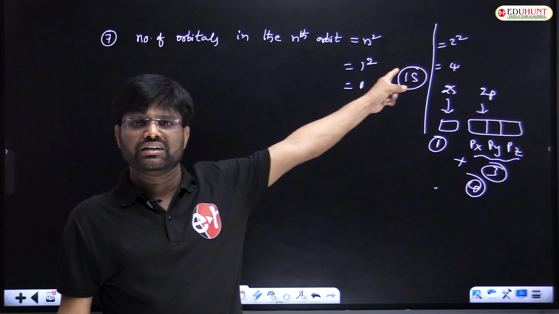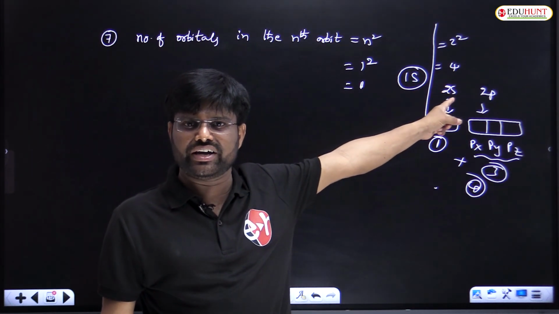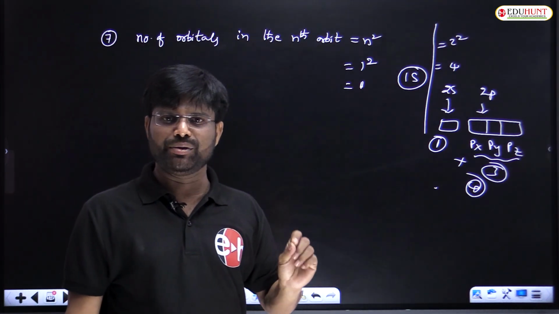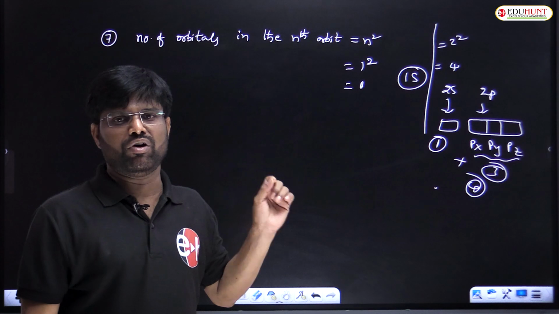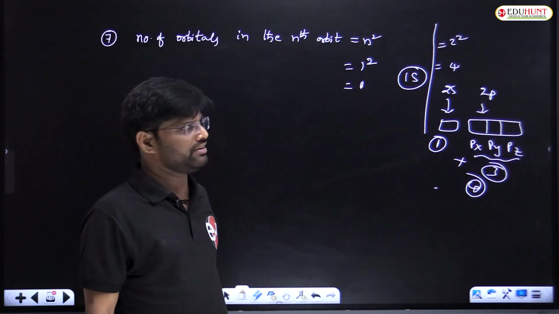Like that, the third orbit is 3 square, 9. 3s is 1, 3p is 3, 3d is 5. 1 plus 3 plus 5 is 9. So substitute in the formula n square.